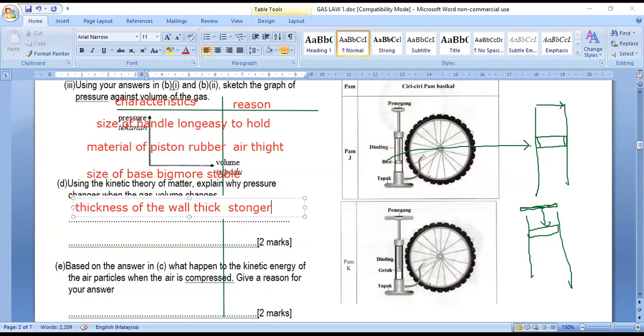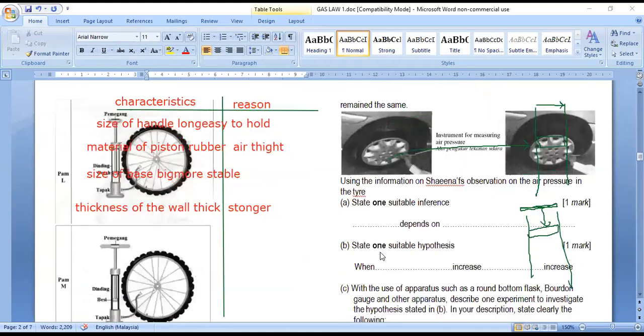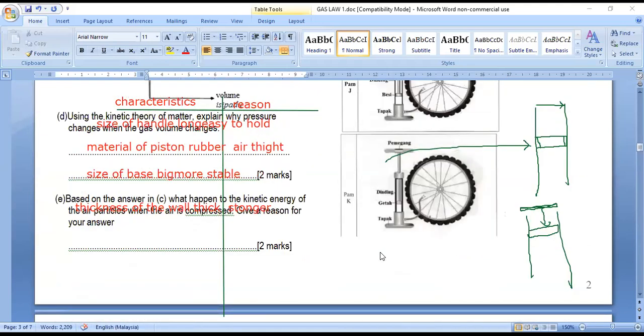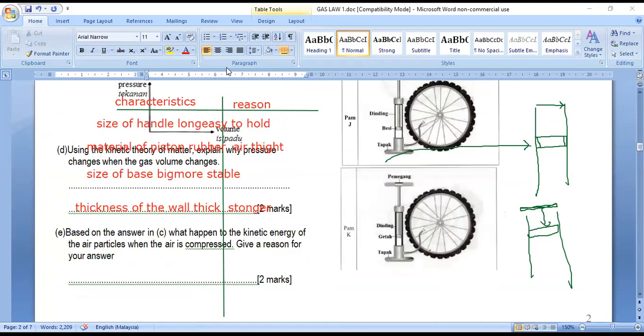Okay, stronger. After that, what you must do is choose which is the best bicycle pump. Based on this, you have to choose. So your answer will be K. Then you write K. After you write this, you say K is most suitable because... you need to tell why K is more suitable.